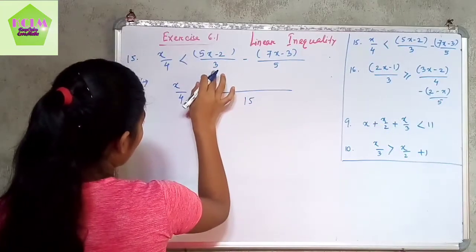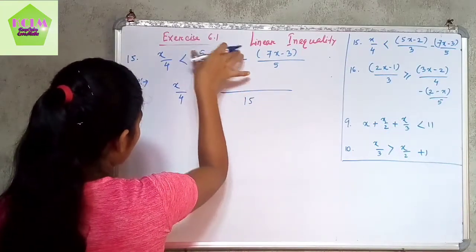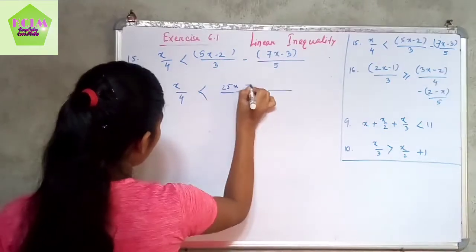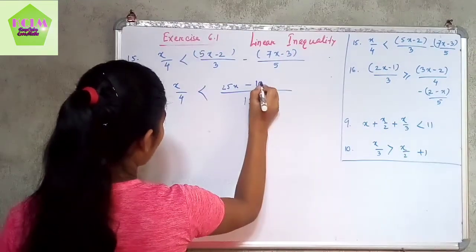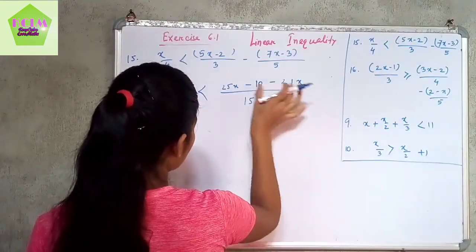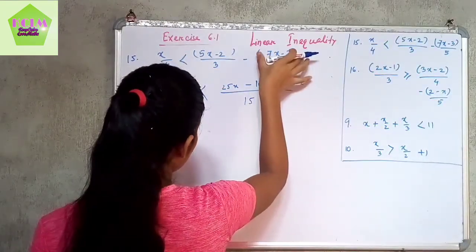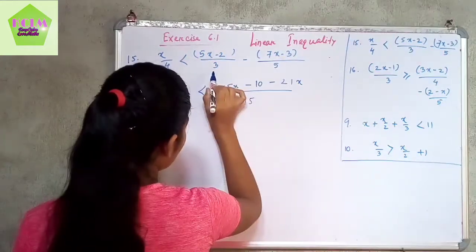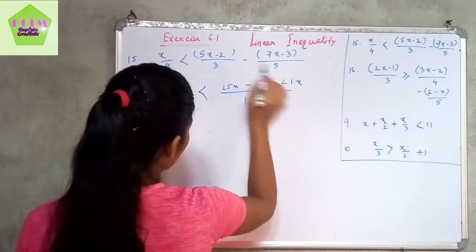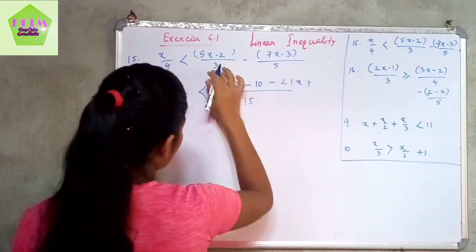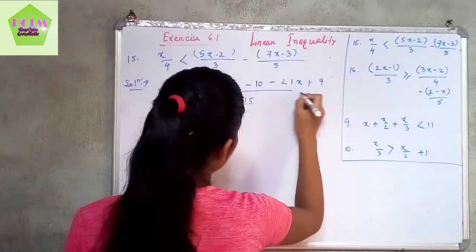Then we multiply 5 with this term: 5 into 5x, 25x, minus 5 into 2, 10, minus. Now we multiply 3 with this term, 7x minus 3 into 3: 7x into 3 is 21x, and again minus plus, 3 into 3, 9.